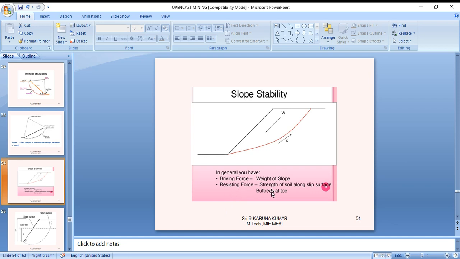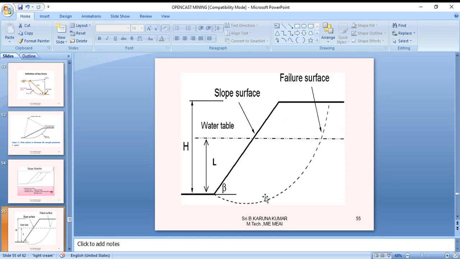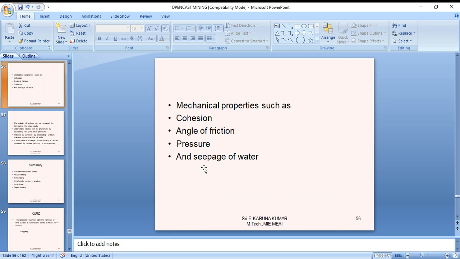The resisting force is the strength of the soil along the slip surface. This is another example of a failure surface with a water table. Mechanical properties such as cohesion, angle of friction, pressure, and seepage of water are the major driving forces in the failure of the slope.